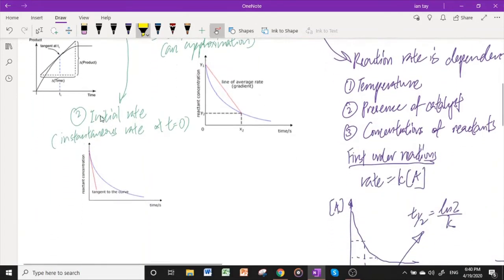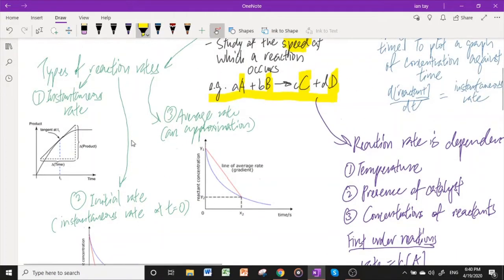And we can define initial rate as the instantaneous rate at t equals 0. That means we draw a tangent at t equals 0, find the gradient of the tangent, and we get the instantaneous rate at t equals 0, and we call this the initial rate.